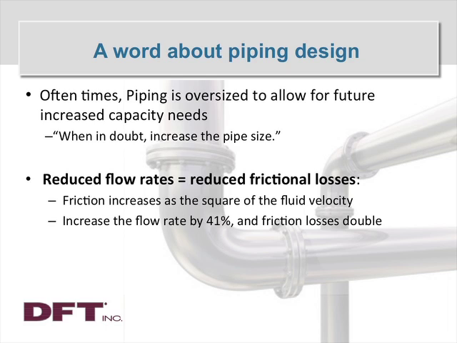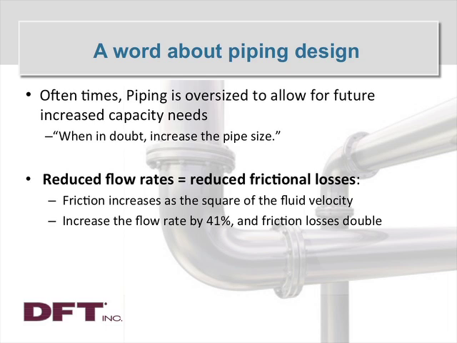But there is a common piping practice that says the piping is often oversized to allow for future capacity needs. And when you're in doubt about what those needs might be, you just increase the pipe size one nominal size up. That has the impact of reducing flow rates, which is good to reduce frictional losses.